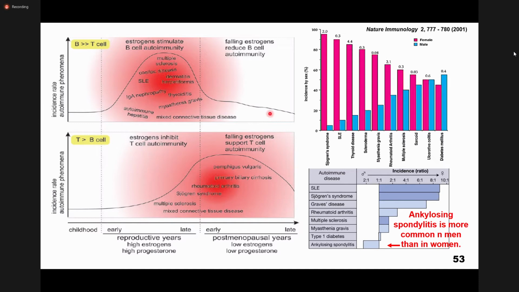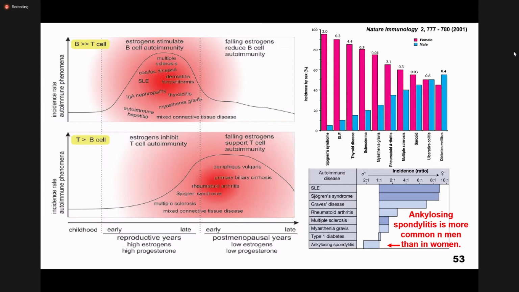If you see this graph here, the blue is for the male and the pink is for the female. So in the male, diseases like Sjögren's syndrome or SLE are very rare, whereas for the female it's so high. One example that dominates in the male is ankylosing spondylitis, which is very common in men. How does this disease look? It is pain of the joints.